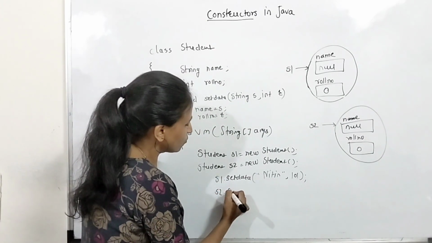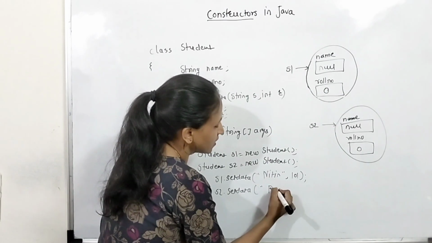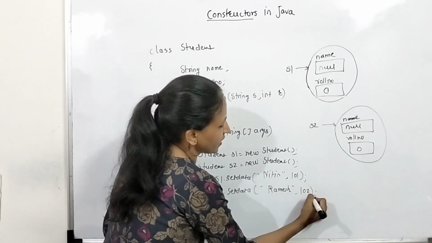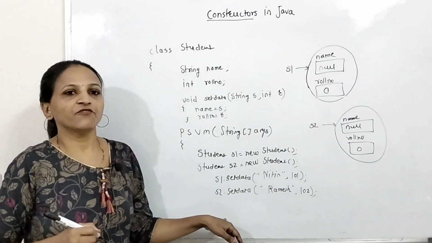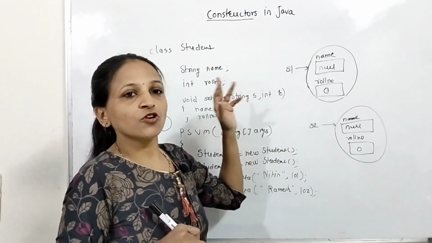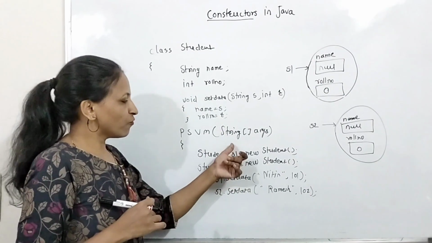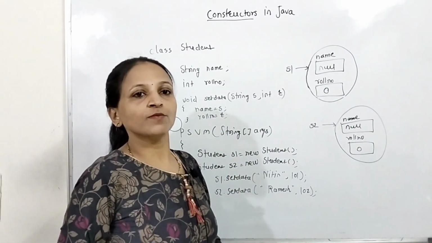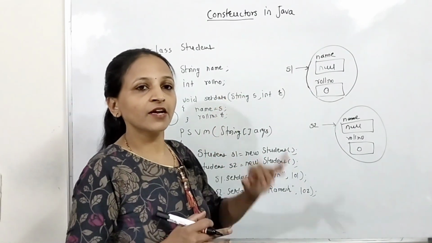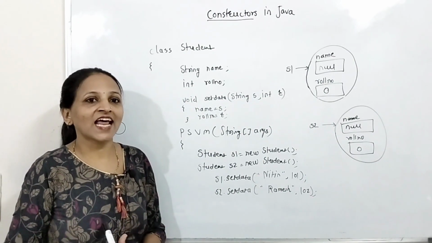Again, for s2 we have to call the setData method explicitly, like name is suppose Ramesh and 102. Getting? In this way we can set initial values to the instance variables for those objects.